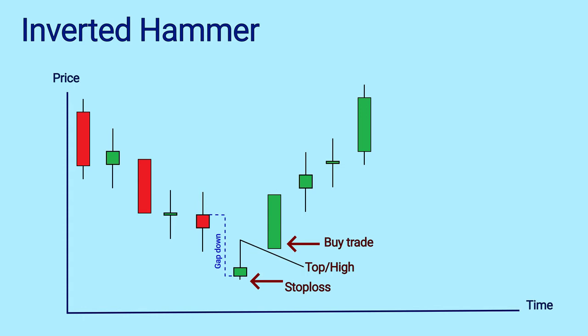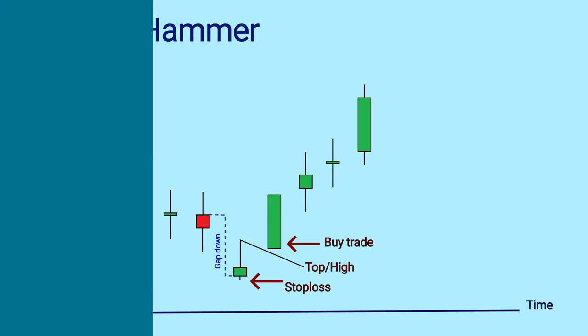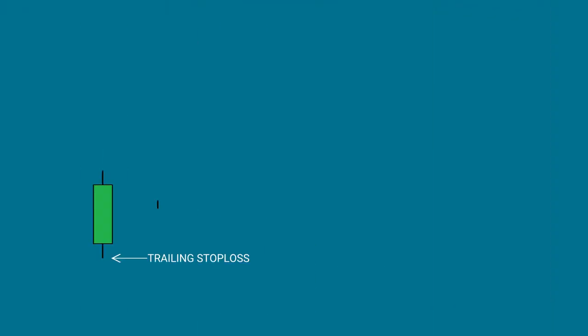The stop loss initially should be below the low of the candle, but as the price moves upward, someone should trail the stop loss to maximize gain, and always part book profits at certain amounts of movement.